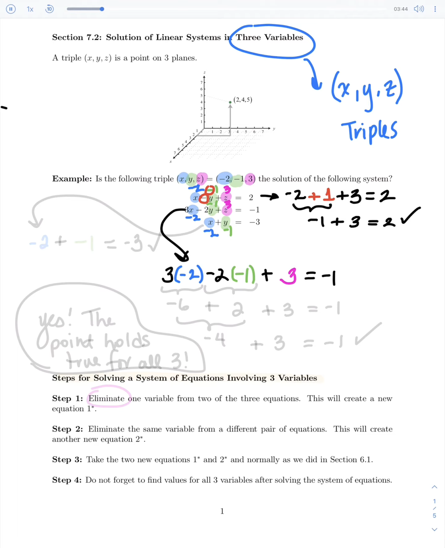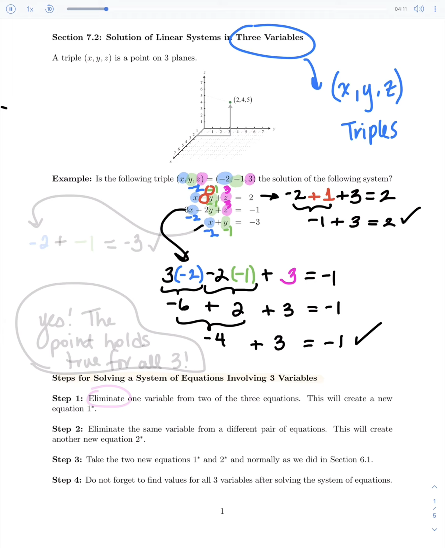Well, we have to do all of our multiplication first. So 3 times -2 is -6. -2 times -1 is +2. And keep on going left to right. -6 plus 2 is -4, plus 3. Does that equal our -1? Well, -4 plus 3 does equal -1, so we're 2 for 2.